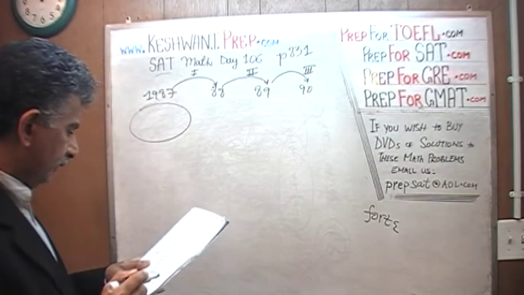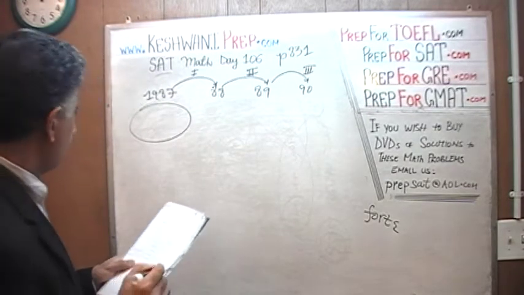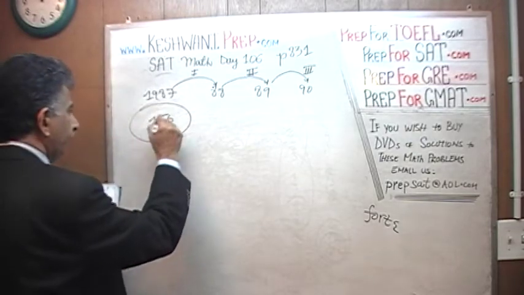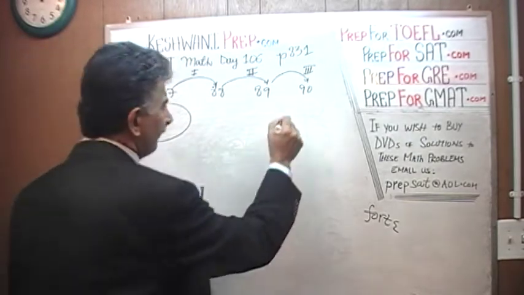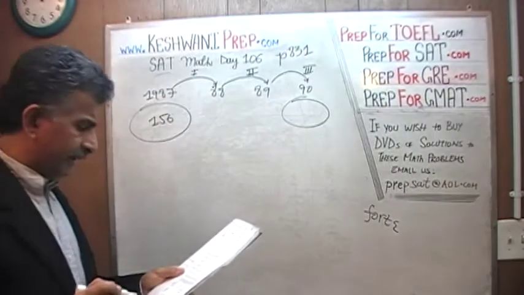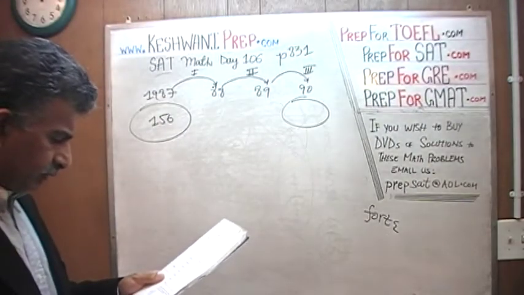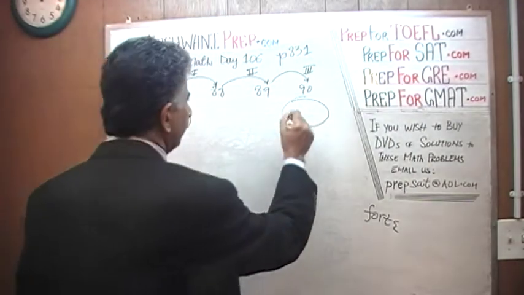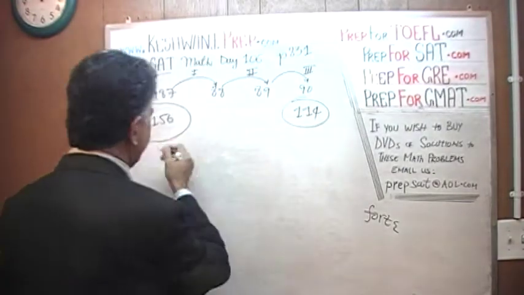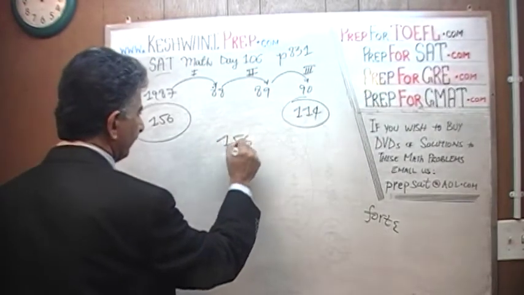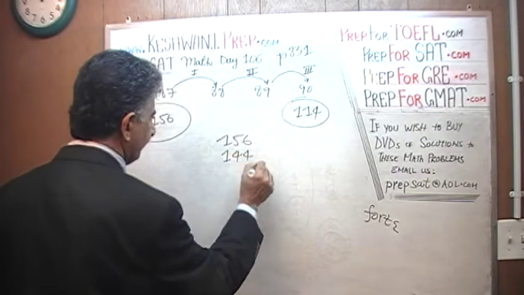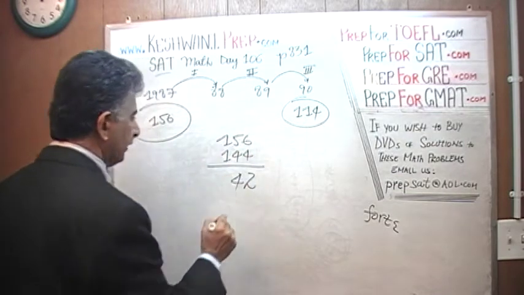In 87 it looks like it is about 156. And then take the very last reading, which is 1990, and for 1990 it looks to me like about 114. Take their difference, 156 minus 114 is 42.